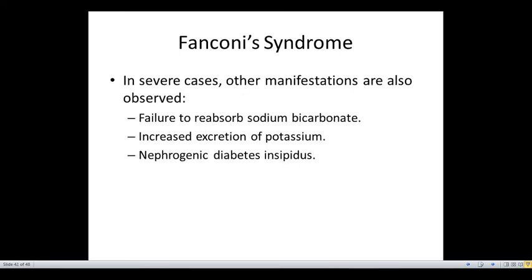In severe cases, other manifestations are also observed, like failure to reabsorb sodium bicarbonate, increased excretion of potassium, and nephrogenic diabetes insipidus.